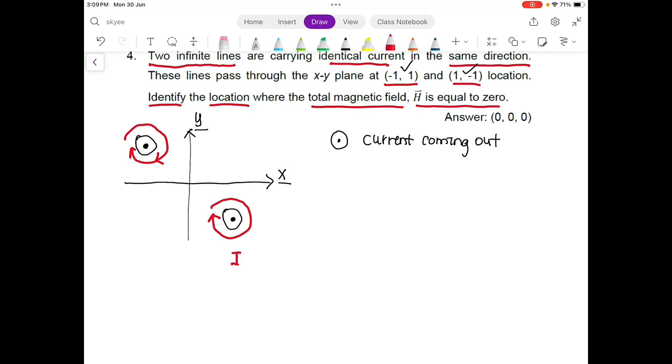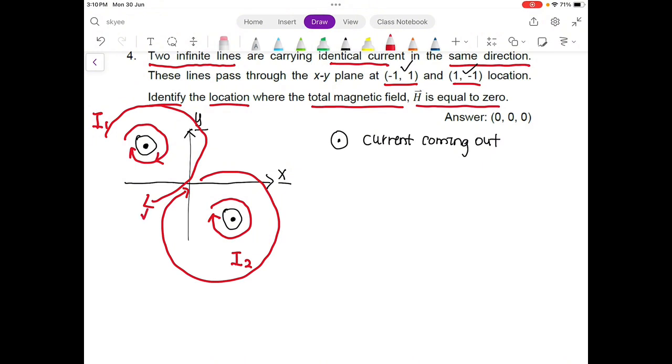I will say this is I2 and this is I1. At one position, the magnetic field from I1 will be in the opposite direction of the magnetic field from I2. One is going this way and the other is going that way.